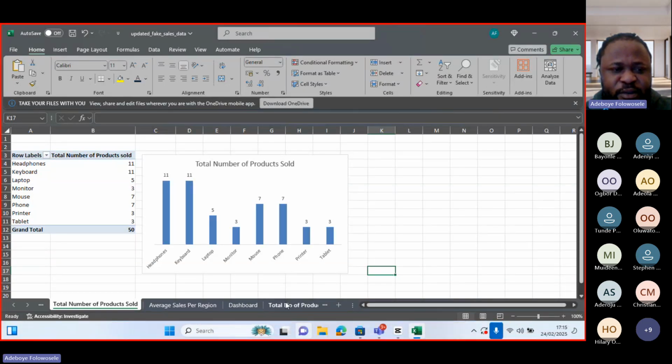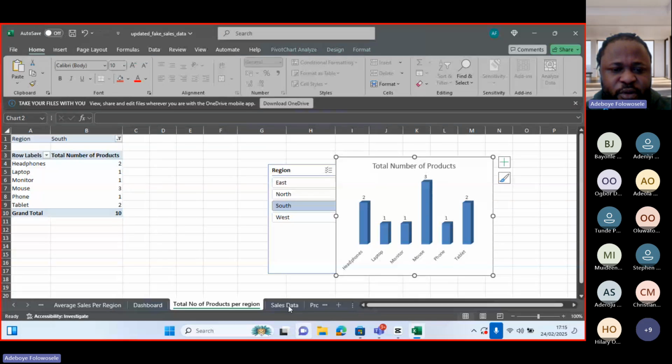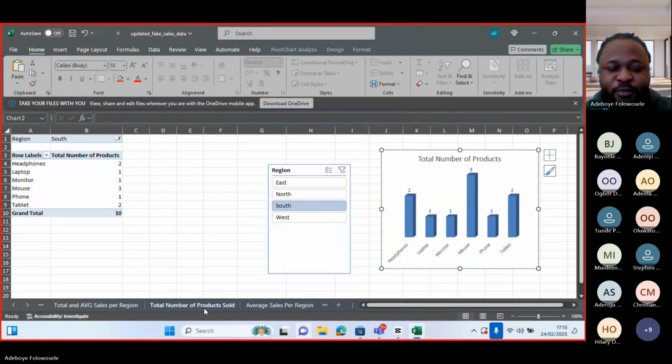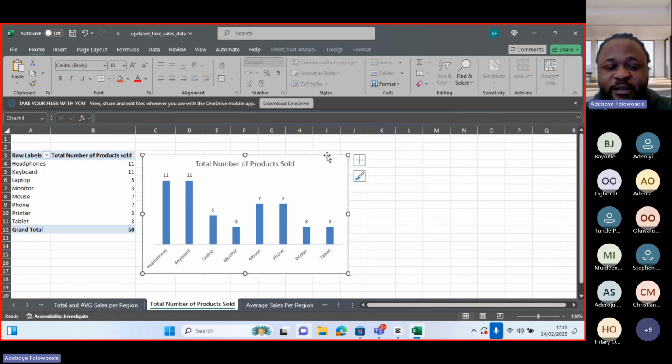How is it different from this? Oh, okay. We added a slicer to this and total number of products per region. Okay. Let's pick this and discard the other one, because I'll tell you why.